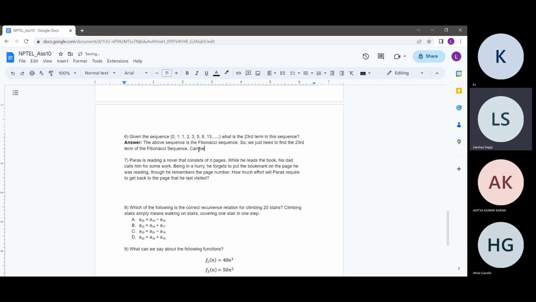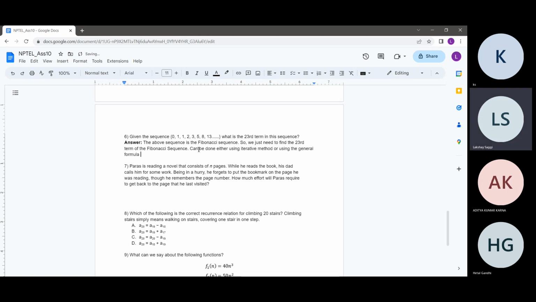What I just mentioned can be done either using the iterative method, which I discussed earlier, or using the general formula for the Fibonacci sequence. So both methods can work. It's up to you which you find more comfortable.